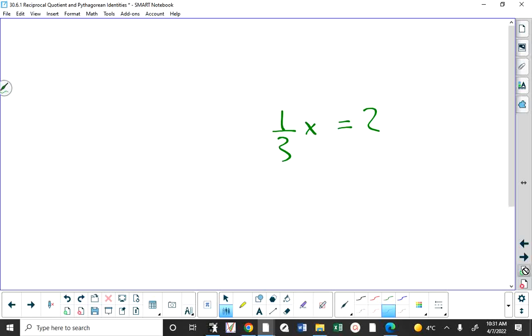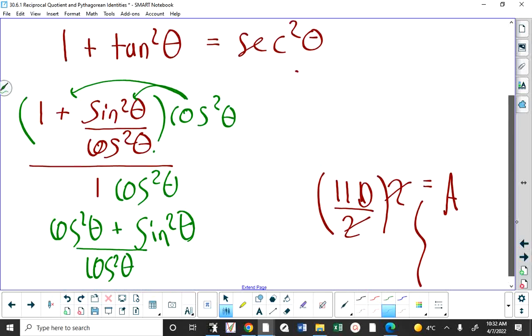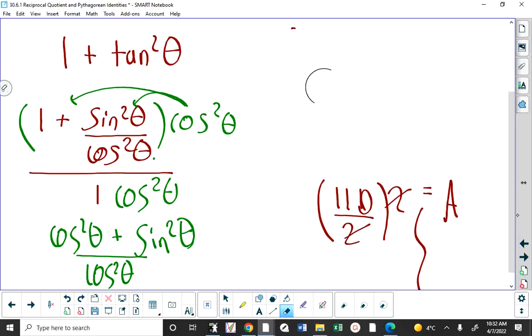When you're simplifying an expression, which we are here because we're working only on one side, you find that balance by multiplying the top and the bottom of the expression by that thing. But if it's an equation, you can multiply both sides by that thing.